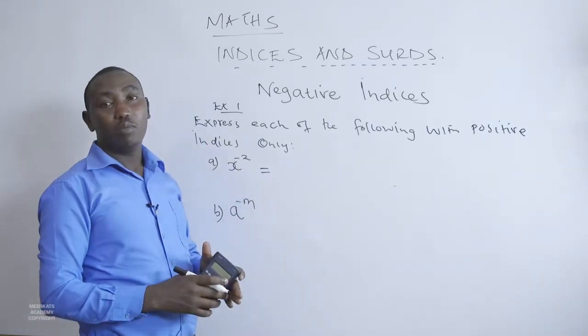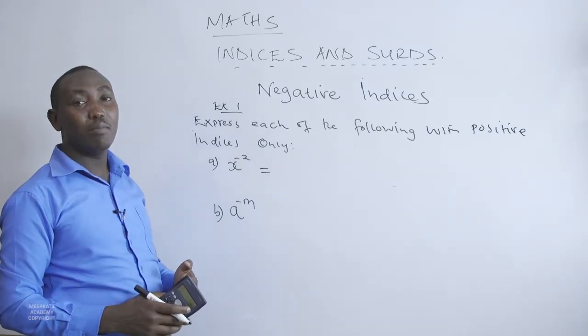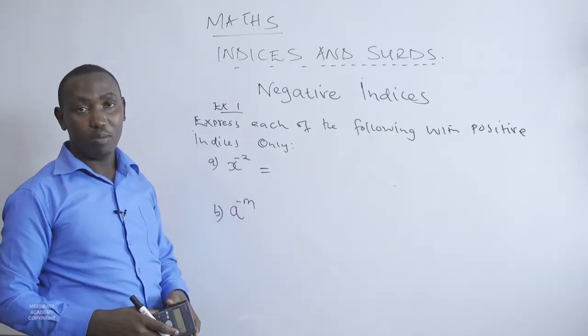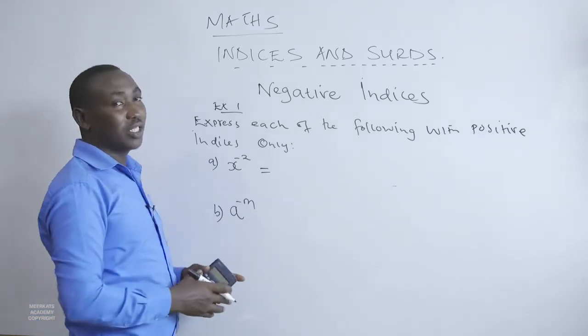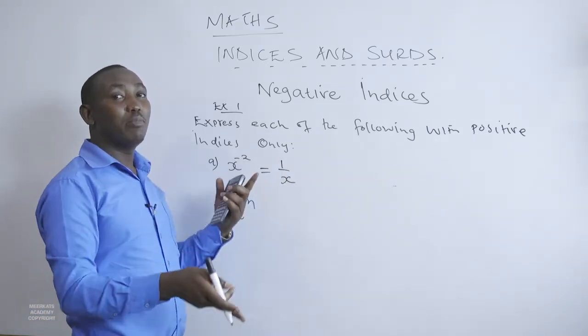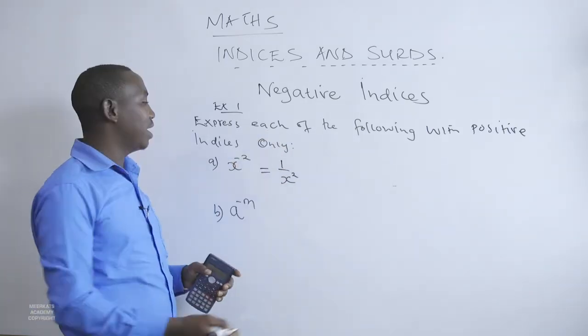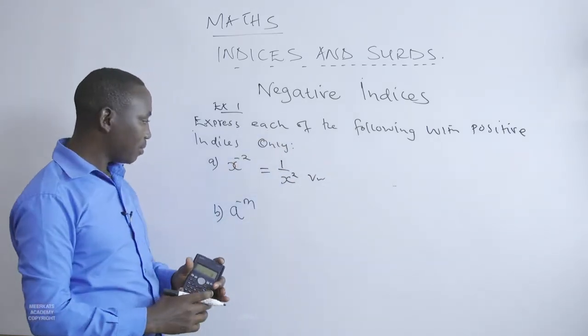The trouble should stop, because you simply need to get the reciprocal of this number and the power goes to positive. So this reciprocal of x will be 1 all over x, then the power automatically goes to positive 2. Just as simple as that.